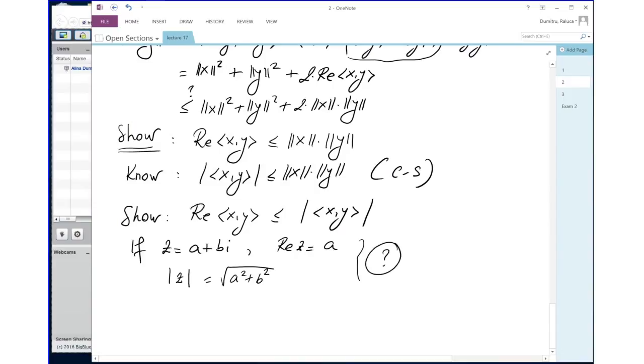So is it true that the real part, which we called a, is always less than or equal to this? Of course it is, right? So using it for that complex number, we are done.